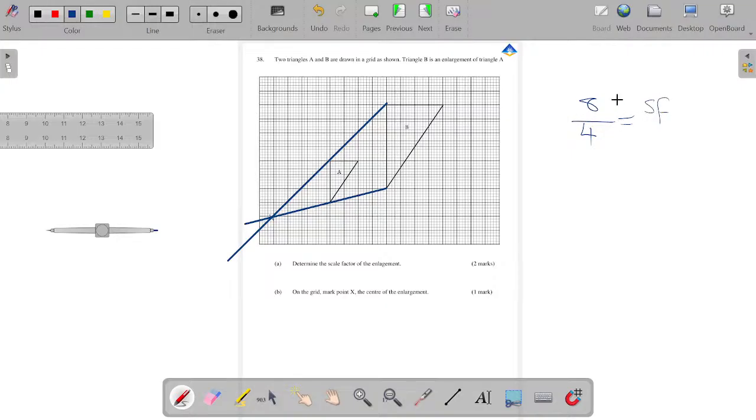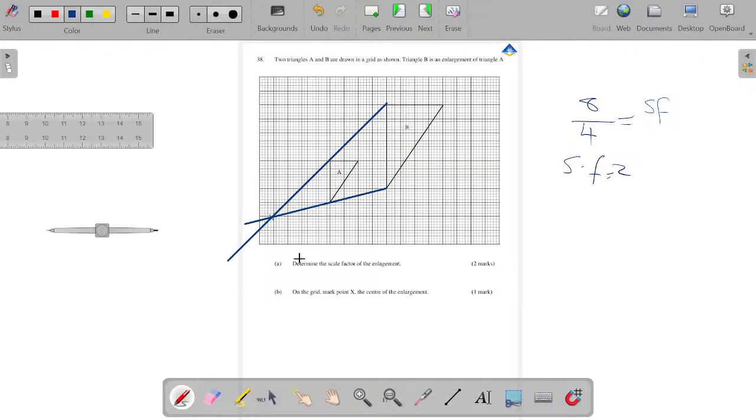Remember, how do you get the scale factor? Scale factor is the image distance from the center of enlargement over the object distance. So the scale factor there is 2. And because the object and the image lie on the same side of the center of enlargement, that is a positive scale factor.